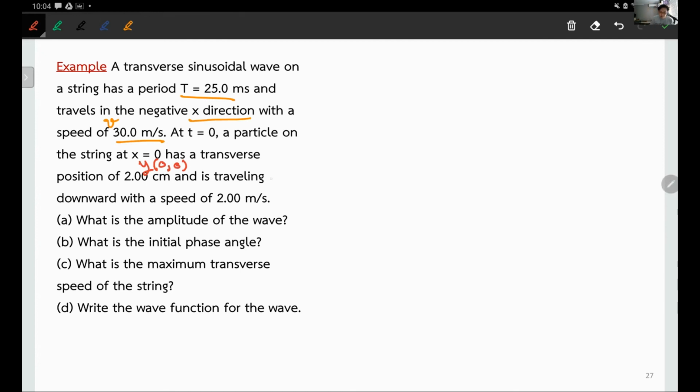So this one gives you v at (0, 0) to be negative 2 meters per second. Let me write it out over here, 0.2 meter. This is the kind of information given. And now you understand what it means.